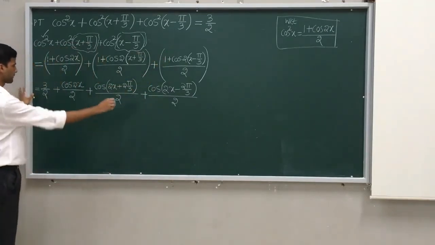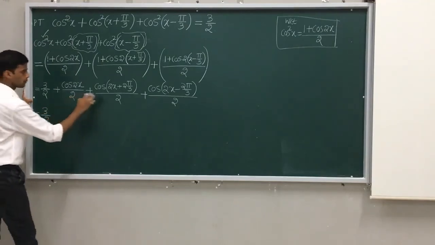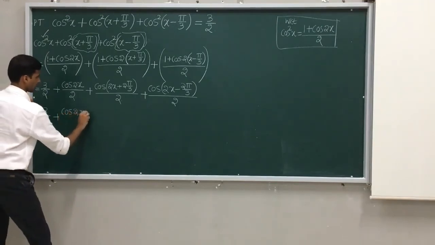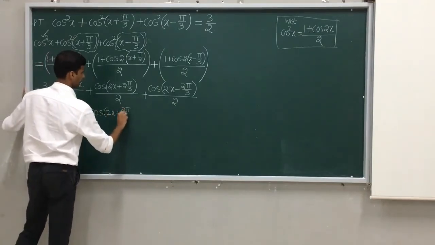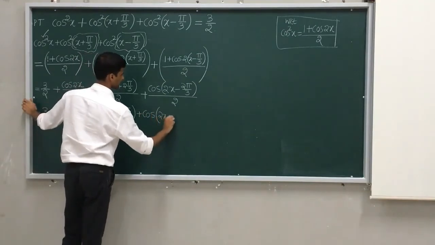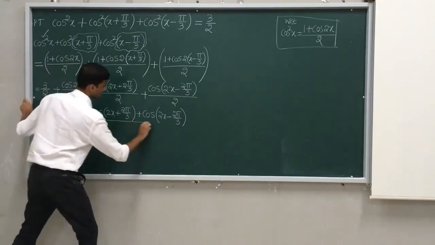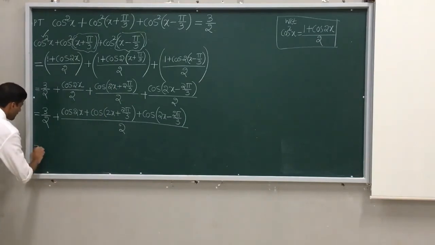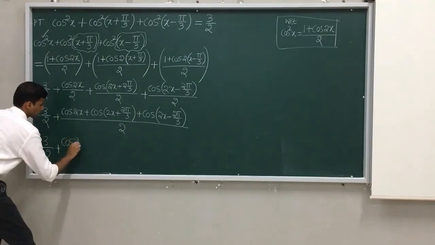Now next, the denominators are the same, so I write 3 by 2 plus (cos 2x plus cos of (2x plus 2 pi by 3) plus cos of (2x minus 2 pi by 3)) whole divided by 2. Next is the step: 3 by 2 plus, I'll write cos 2x as it is.